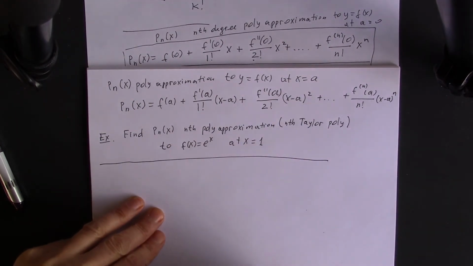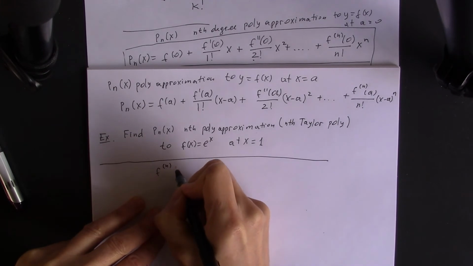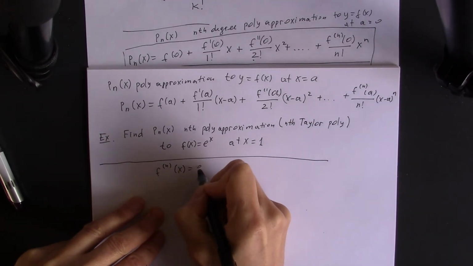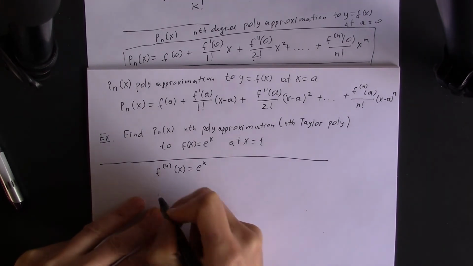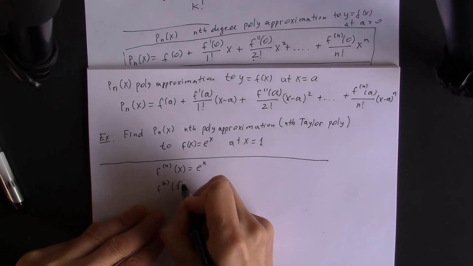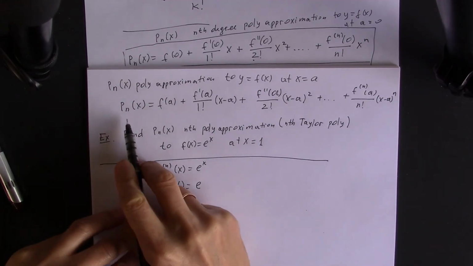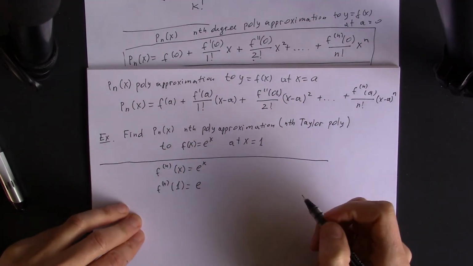The good thing about the function e to the x is that its derivative is always e to the x, so the value of the derivative at 1 is always e. So we are ready to use the formula which we derived earlier.